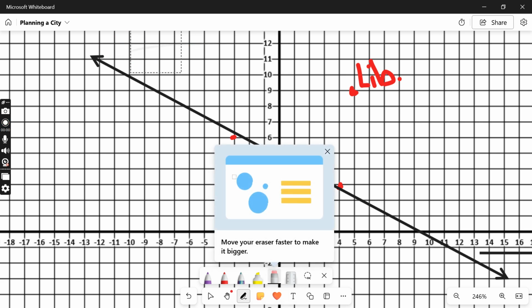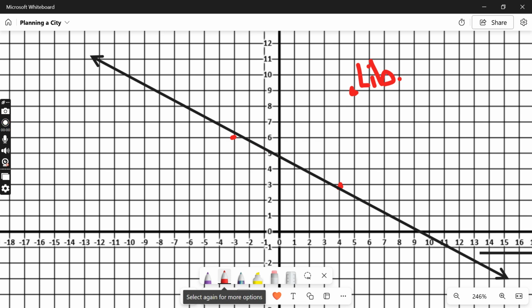If you want to make it look nice and neat, you could write it along the street also. So I could write it like this, which would be a good idea. But I do need to make sure that I've labeled my places and I've labeled my streets. I'm not just drawing them on there. They do have to be labeled as part of your grade.